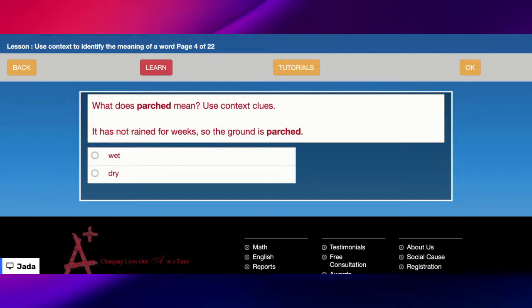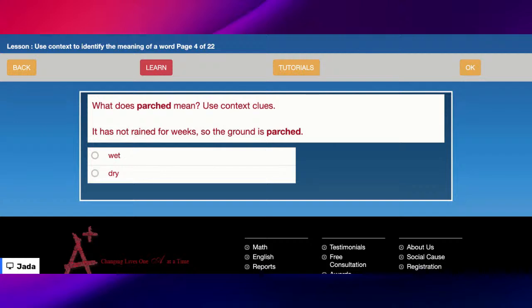So, what does it mean? Wet or dry? I need to see your answer. If there's no rain, what does that mean? Will the ground be wet or dry?